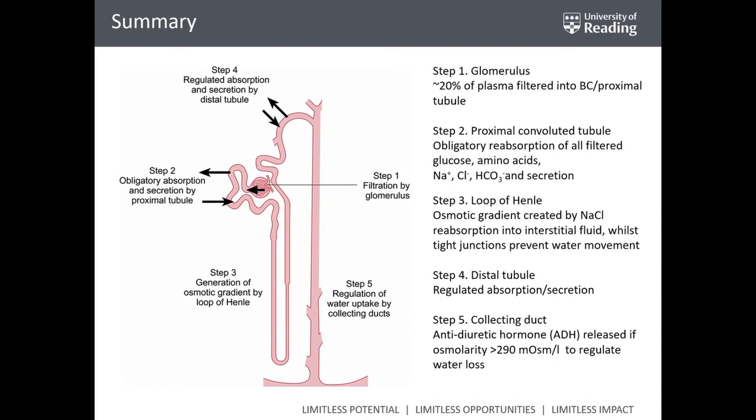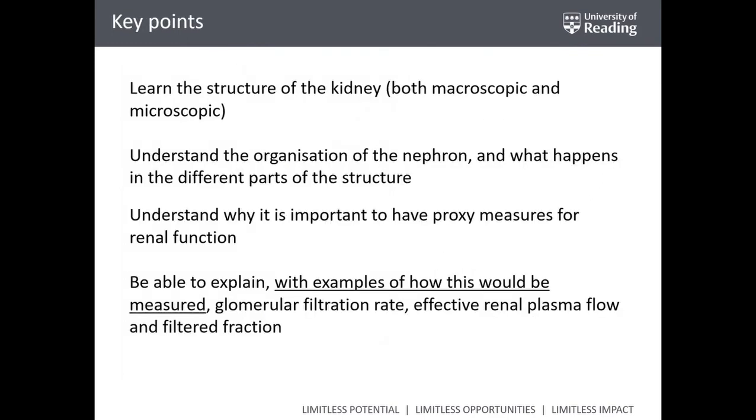So it's both a summary and a spoiler of what is to come. We will go through it once again in much more detail, but this is just to give you a taste. So the key points: learn the structure of the kidney, both at a macroscopic and microscopic level. Try to understand the structural organization of the nephron and how this allows it to carry out its function.